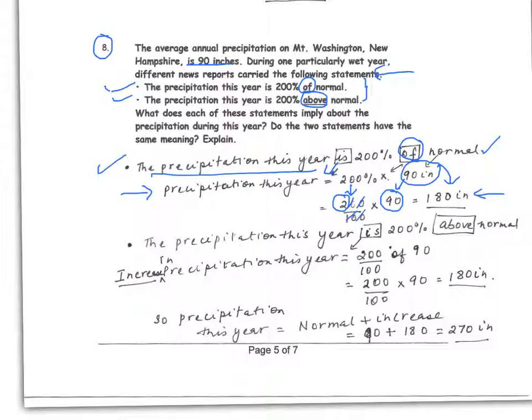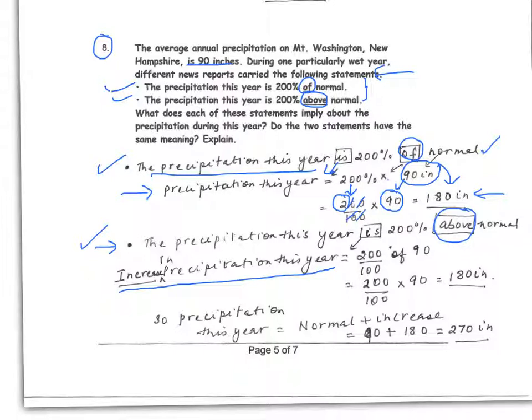Now let's look at the second statement. The precipitation this year is 200% above, and that's important here, above normal. So the increase in precipitation this year, because we've said it's above normal by 200%.